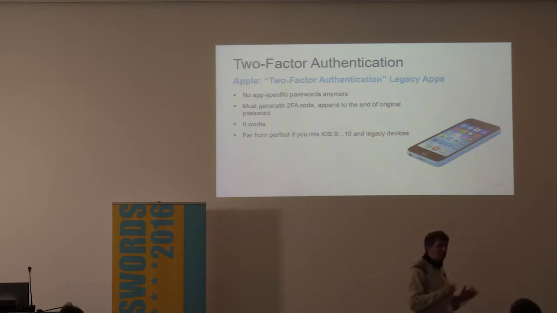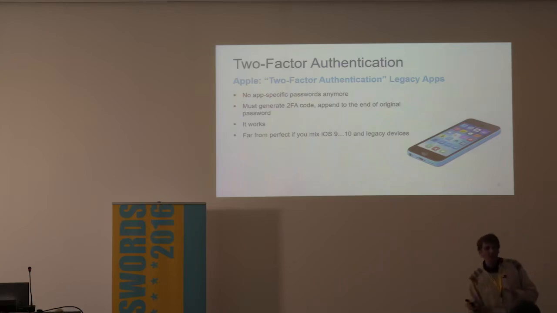Now, the second type of app-specific passwords is more interesting. With this type of password, you receive a single-use code, a 6-digit code, and you attach it to the end of your real password. Now, when you do that, the combined password can be used to access all of the Apple services, including iCloud backups, iCloud photos, downloads, everything.